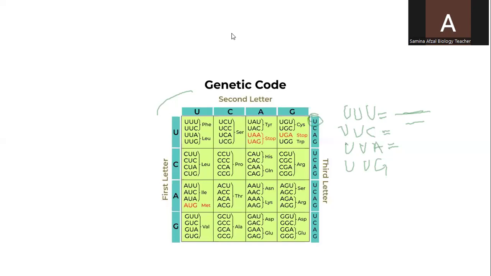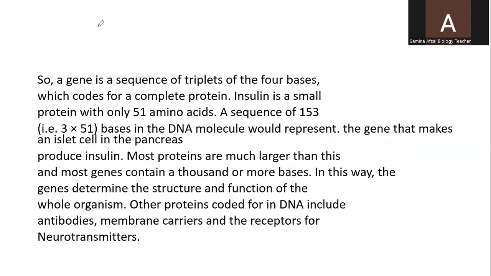And after discussing this genetic code, we can say that a gene is a sequence of triplets of four bases which codes for a complete protein. Here we can take the example of insulin. Insulin is a protein, you know. Insulin is secreted by the pancreas to control glucose. Insulin is a small protein which has only 51 amino acids.